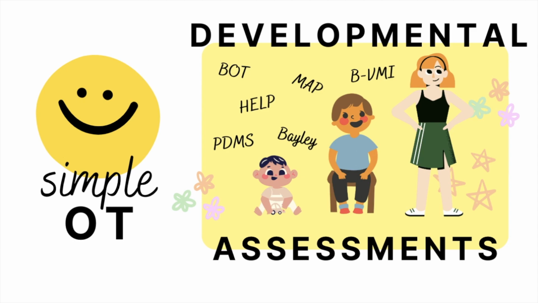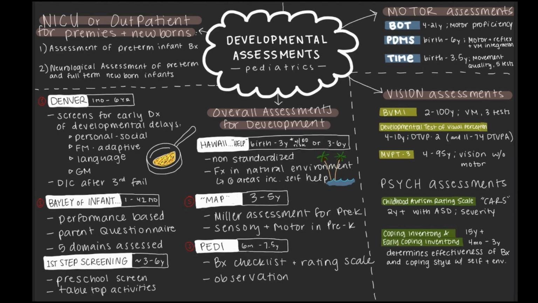Today I will be reviewing developmental assessments and ways in which to differentiate them from one another because, wow, there are a lot. So to kick us off, in the upper left-hand corner, we have NICU or outpatient developmental assessments specifically for preemies and newborns.